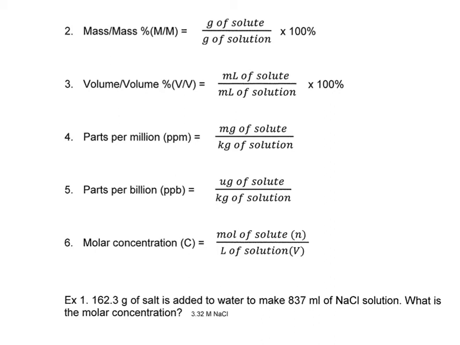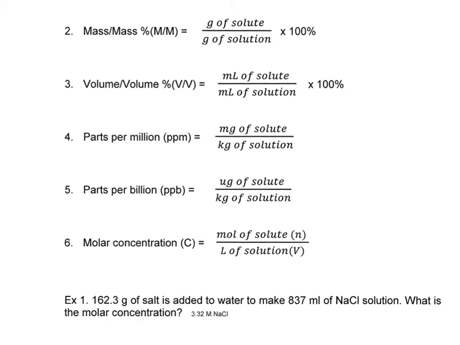In your assignment questions, you'll have some problems where you need to calculate in methods 1 to 5. All you need to do is identify what way the question is expressing concentration, write down the formula for that method, sub in the numbers you're given, and rearrange for what you're missing.